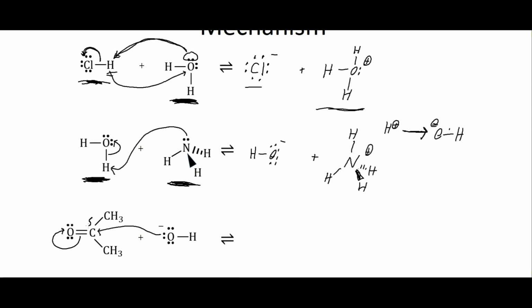This carbon here has a partial positive because the oxygen is more electronegative, and so that has our partial negative, and that's why this is going to come after that carbon. So we will end up with something that looks like this.